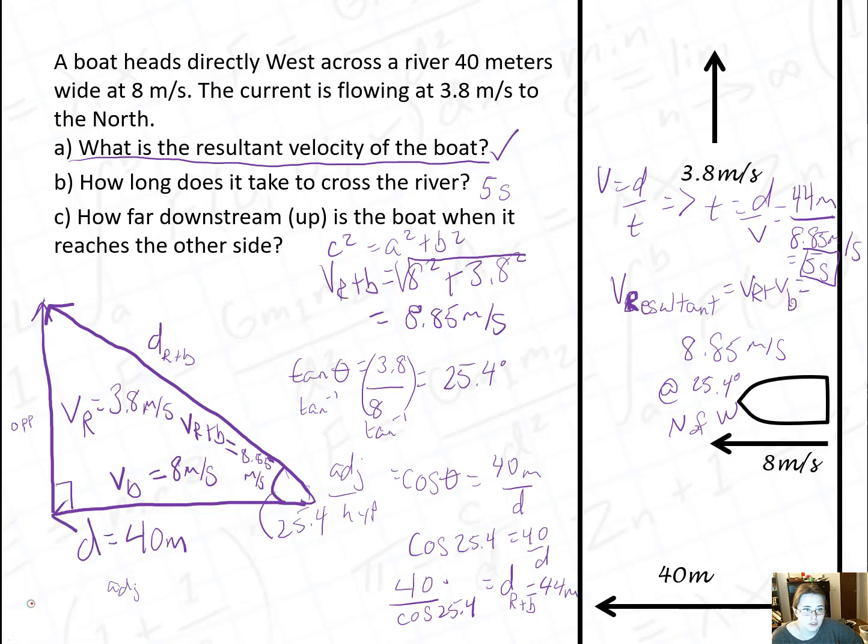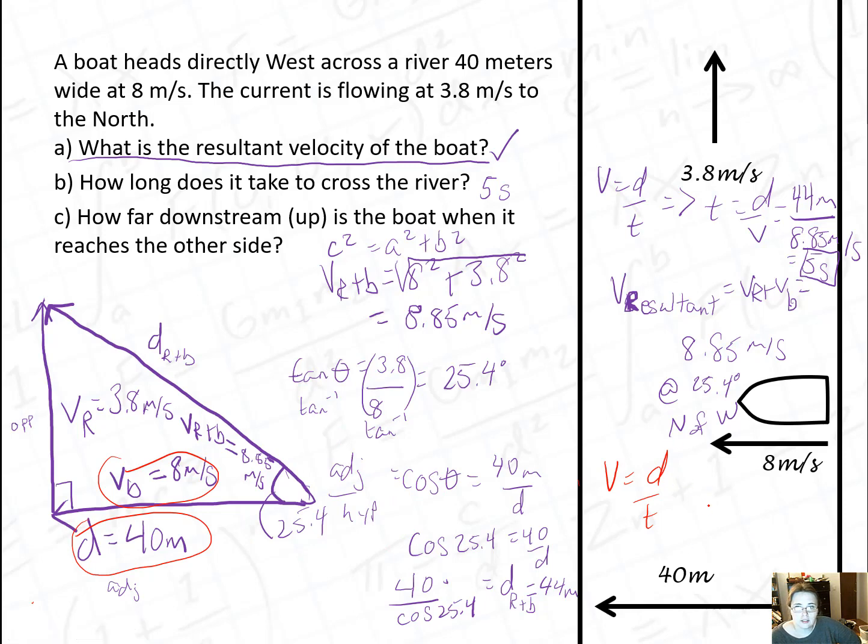So I'm just going to change colors so we can see better. So this distance and this velocity, we can do the exact same thing. The velocity is equal to the distance divided by the time. It's going to take the same amount of time for the boat to cross the river without any current acting on it as it is with the current.